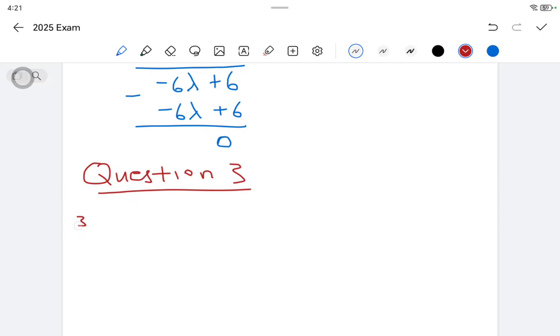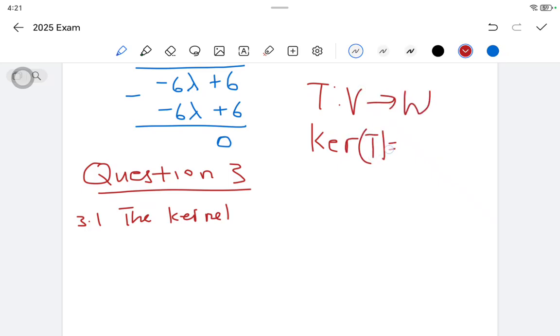For us to define a kernel, let me start by writing this. If we have T from V to W, then we know that the kernel of T will be equal to: pick v to be an element of capital V such that T(v) is equal to 0.